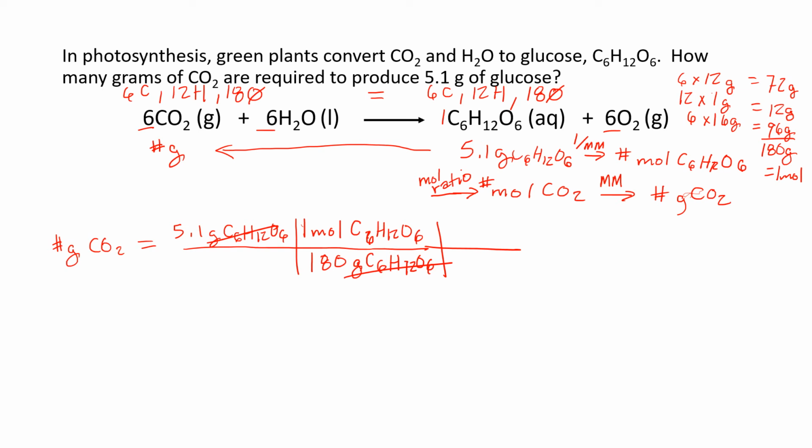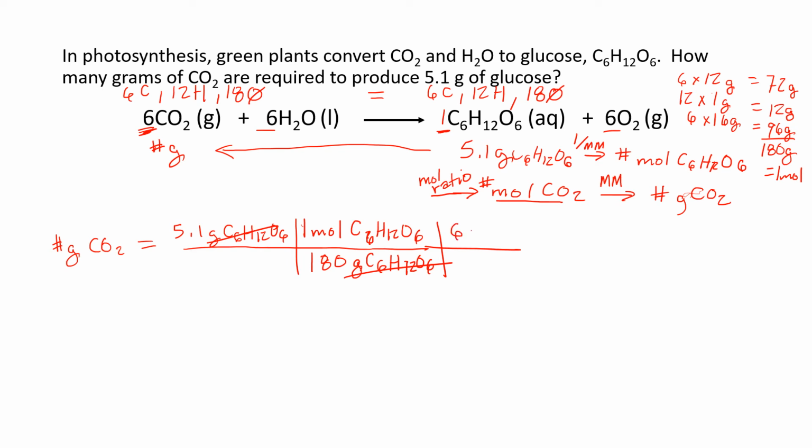What's my next step? Well, I want to get to what? Moles of CO2. How am I going to do that? I'm going to utilize the mole ratio. For 1 mole of glucose, I have 6 moles of carbon dioxide.